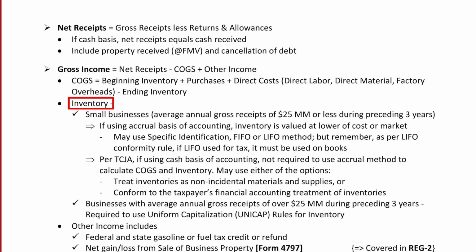So now, accounting for inventory, highlight, if using accrual basis of accounting, inventory is valued at lower of cost or market. The taxpayer may use specific identification, FIFO or LIFO method. But remember, underline, as per LIFO conformity rule, if LIFO is used for tax, it must also be used on the GAAP books.